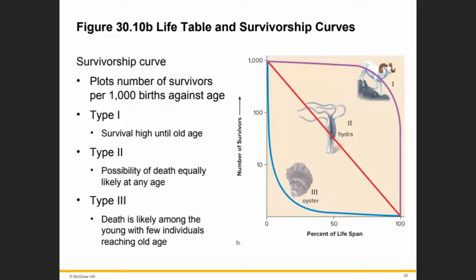So the curve that depicts organisms that have an equal probability of dying at any age is type 2 survival.